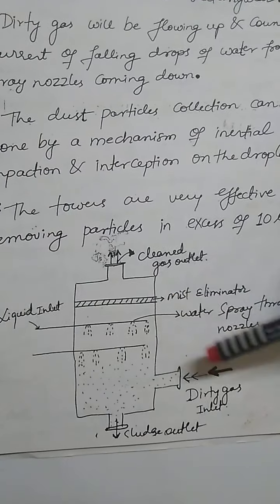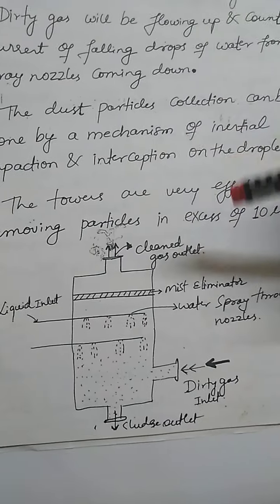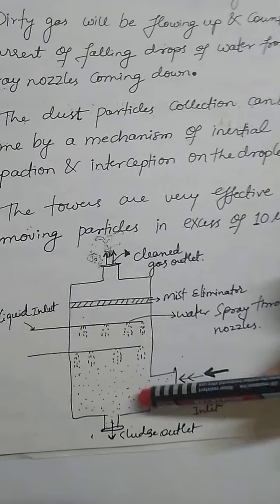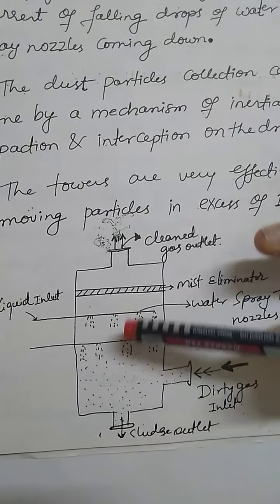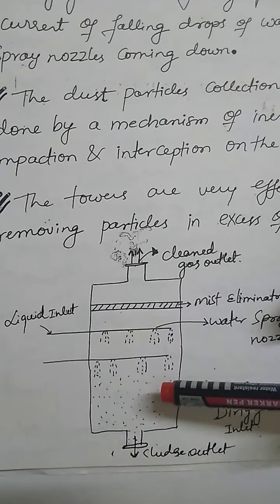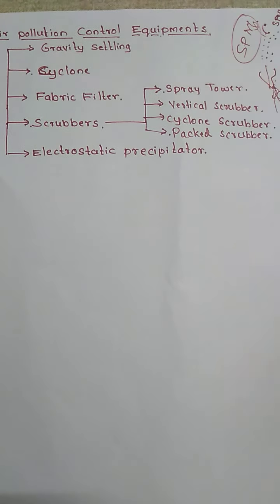See, when the dust particles pass through the water media, the dust particles will be attracted towards that water media, and the water media will remove these suspended particles. So this is the main concept behind these scrubbers. Scrubbers can remove particles having a size between 0.1 and 200 micrometers. They can remove them very effectively.